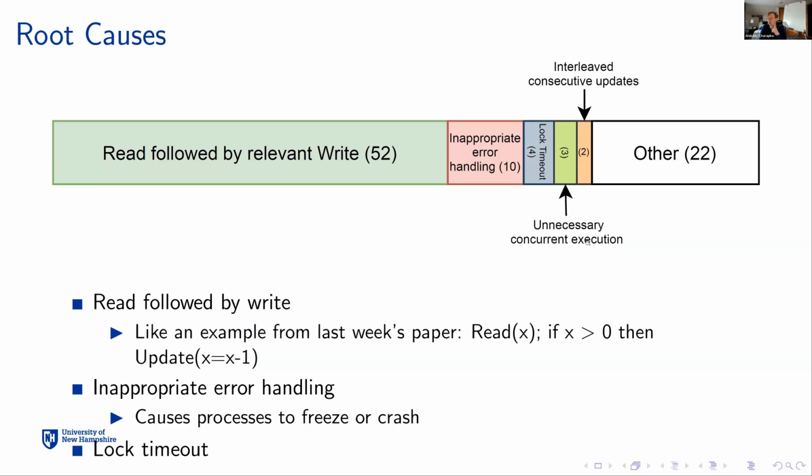Unnecessary concurrent execution and interleaved consecutive updates are more intricate cases. And in the other category, 22 bugs had no identifiable root cause because there was not enough information in the reports.